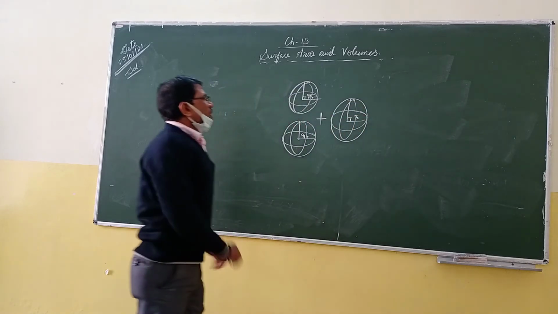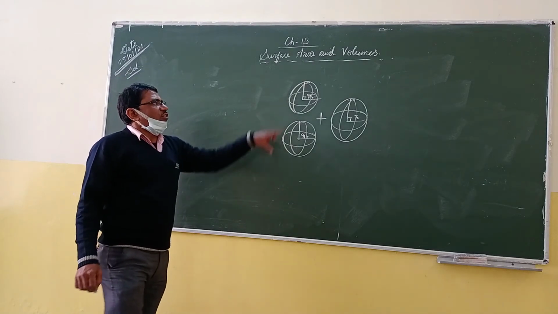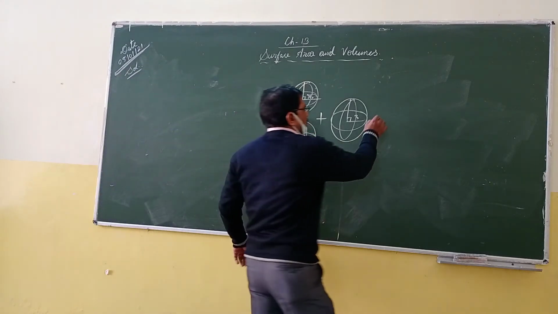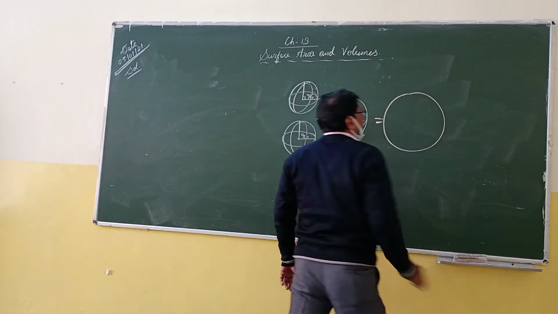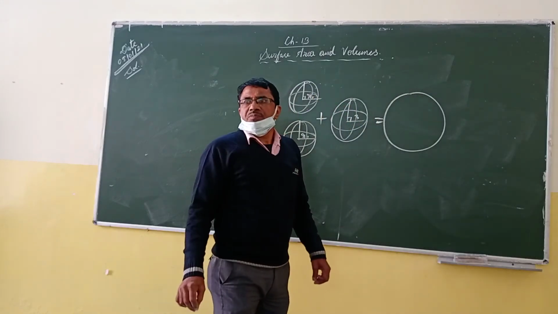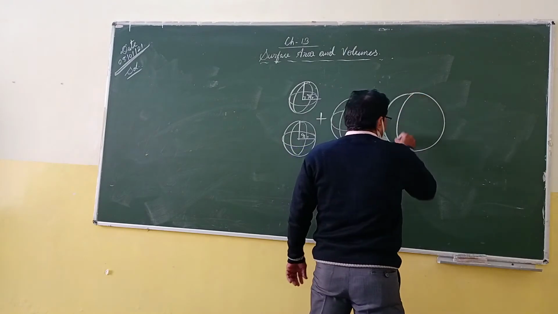Now if we add all the volume of the three spheres, we shall get a new sphere that is big in shape. That is four spheres are there.